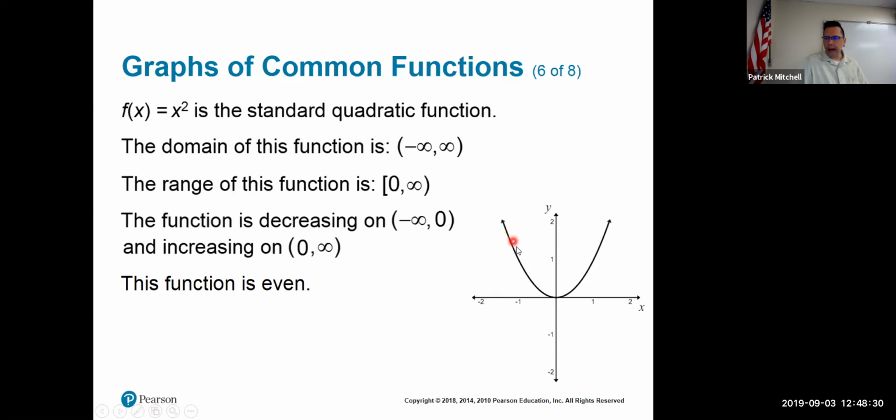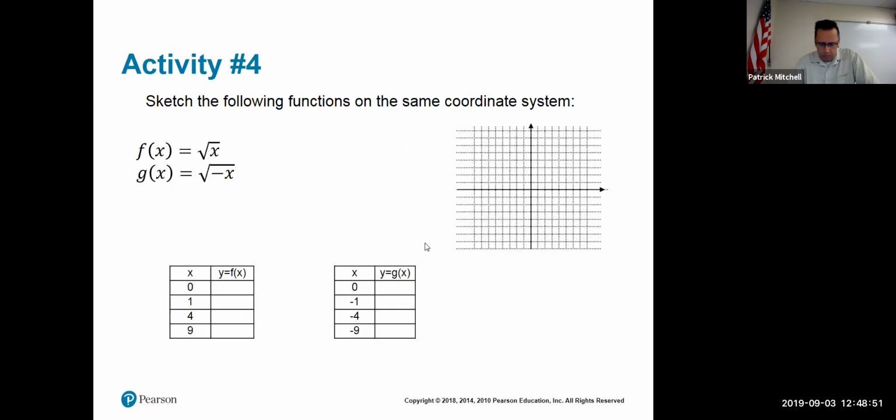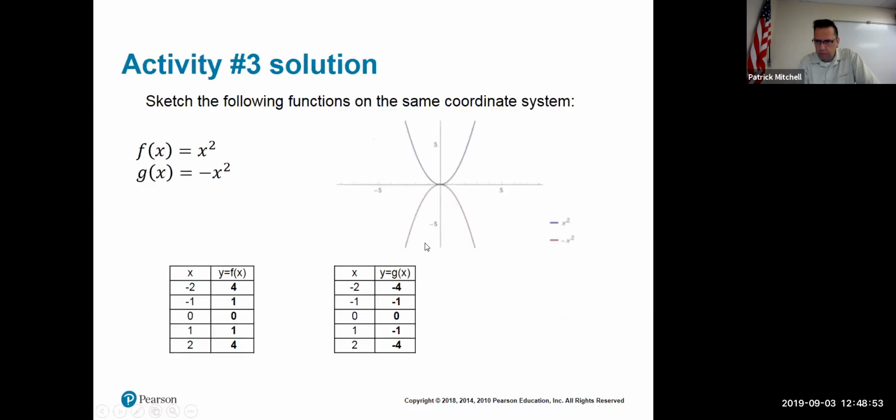It's going down on this side, which makes it decreasing, and it's going up on this side. And this is an even function. It has y-axis symmetry. Okay. All right, so what you saw in that example was the standard quadratic function being... oh, I know what I did.